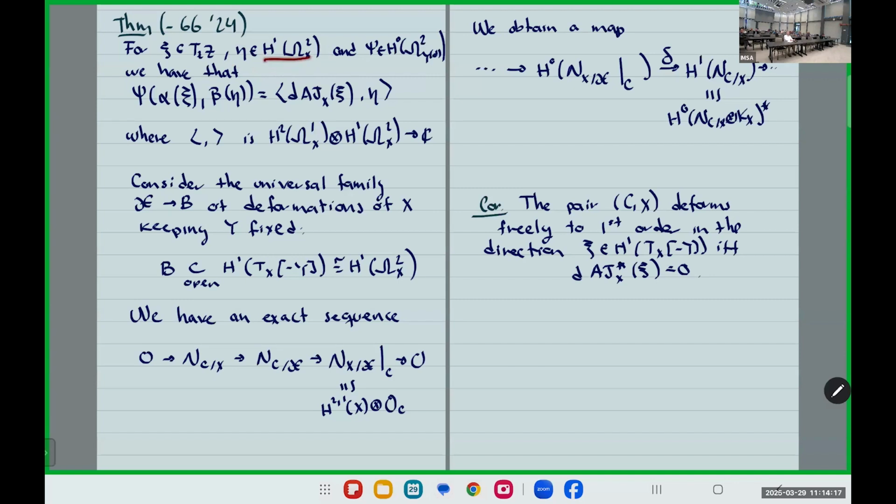In this case, this is H1 of Omega^2. And you will consider the symplectic form on Y^D. So if you plug in the maps that we defined before, you send one by alpha and the other one by beta. This is going to be equal to the pairing of the differential of the Abel-Jacobi map, and this pairing is just given by this tensor product of dual groups.